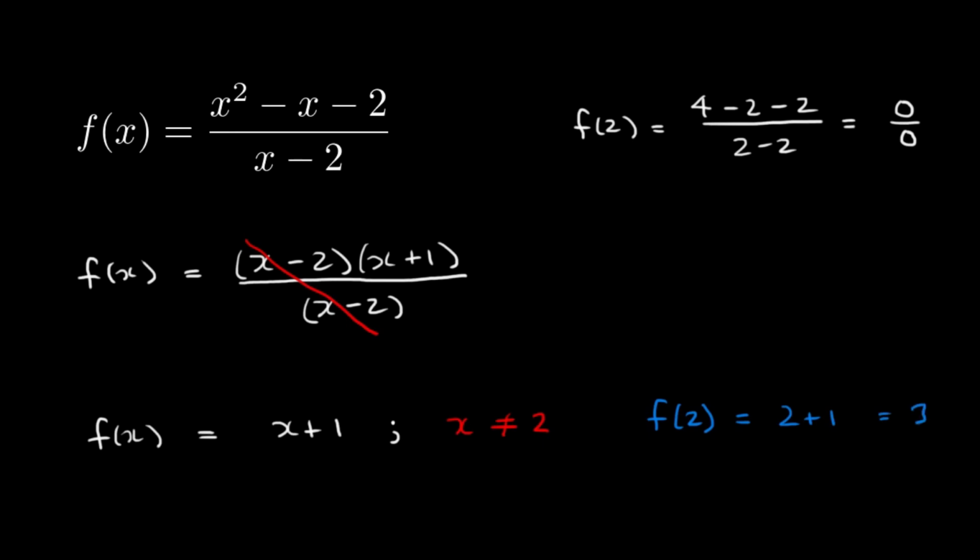And the answer is no. Even if we're dealing with the simplified one, we have to keep the domain restriction alive, so to speak. So f of 2 down here is still undefined, since it was undefined in the original. Of course, that's mainly because of the denominator there. So you should be asking yourself, well, what does this thing look like? Well, let's have a look at the graph with our graphing technology.